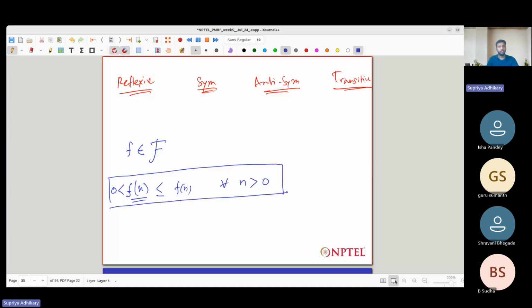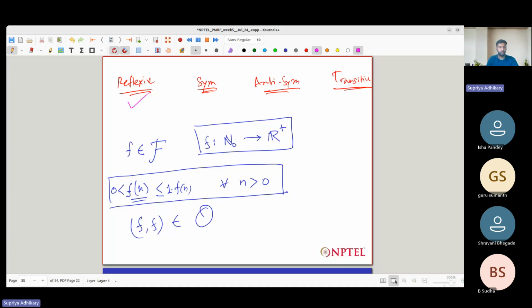This is true since this is a set of all functions mapping from N0 to R plus. And here the constant c is nothing but the constant 1. Therefore, we can say that the pair (f, f) definitely belongs to this relation. Okay. So definitely this relation O is reflexive. So what about the symmetric relation?